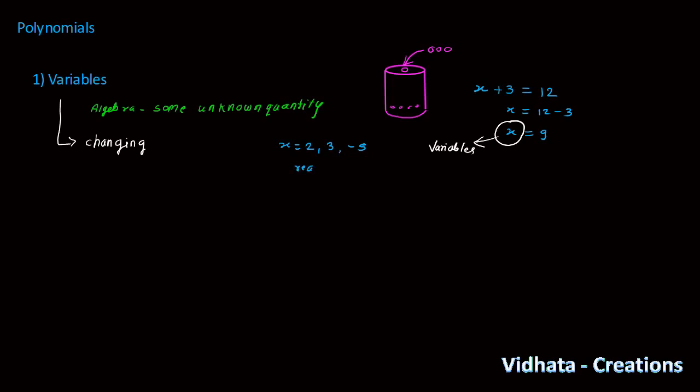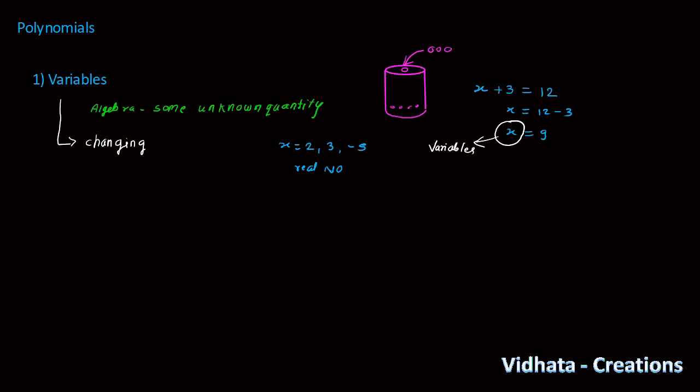The value of x can change as per the situation we are having. That's why in algebra we call it a variable. This was the concept of variable.